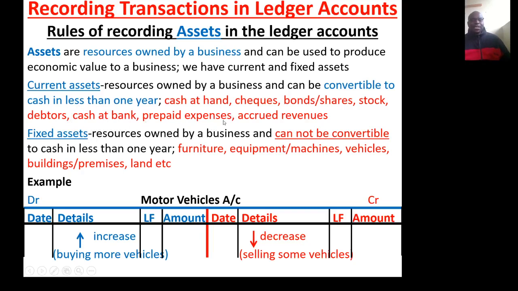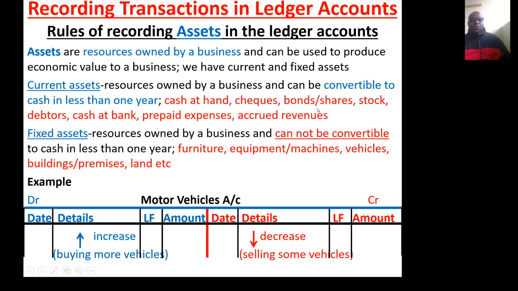These are expenses that have been paid before they are used or consumed. For example, if you pay for water in January, but you pay extra money to cover for February and March, at the end of January, you will have prepaid for 2 months. That is your money. You can ask for it before you use it. It is an asset to the business.